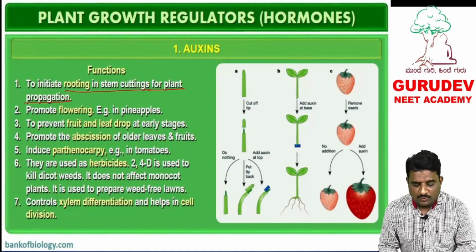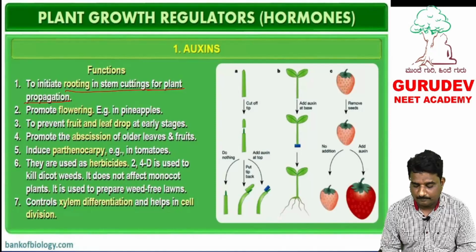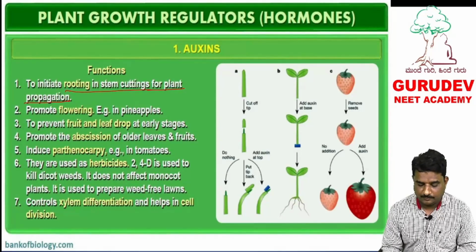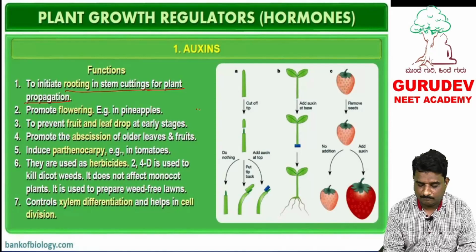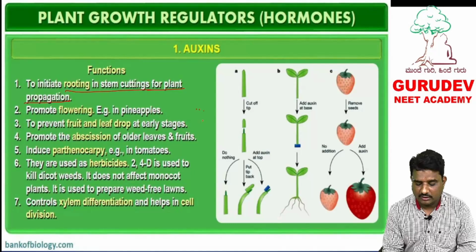For that, what is going to be added? Hormones. Auxin is essential for rooting in the plants, as well as for flowering in pineapple, and preventing fruit and leaf drop at early stages.